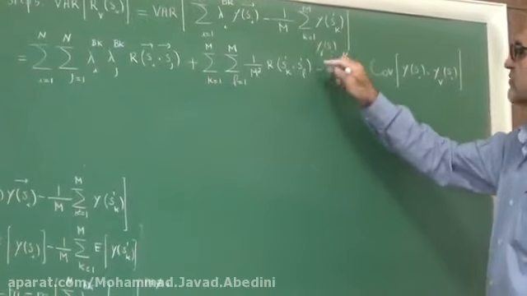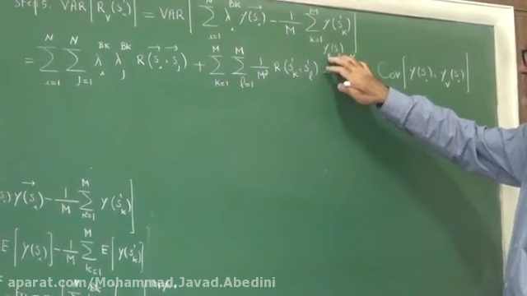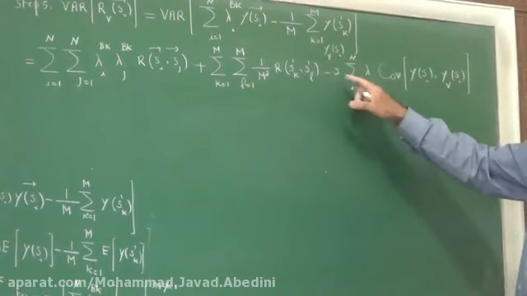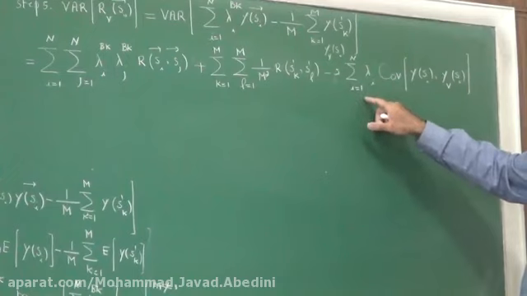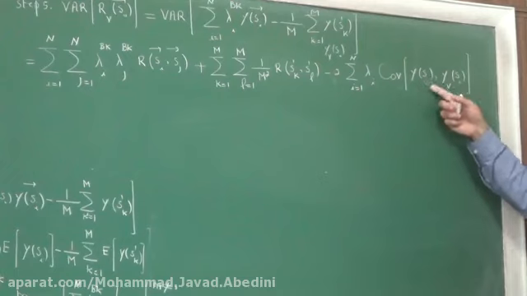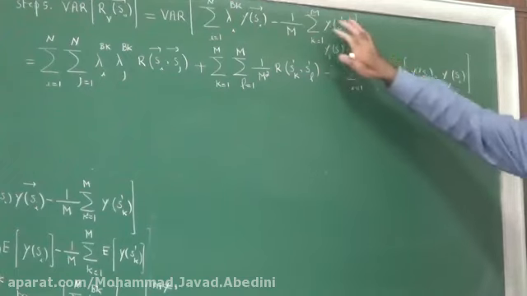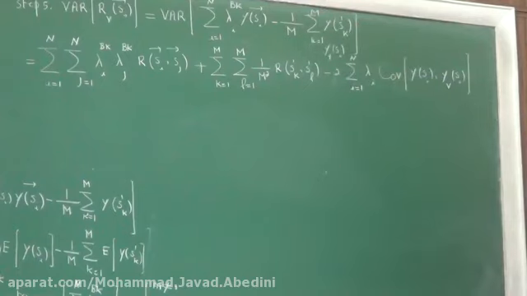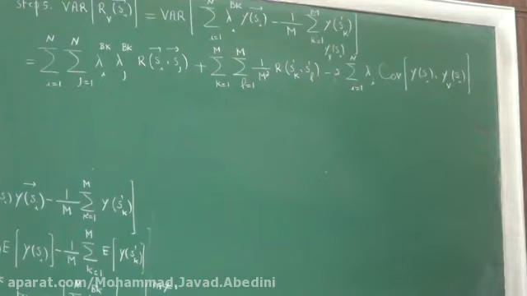If you have this y at S0 without this y block being here, you would say minus 2 times summation i from 1 to n lambda i R of y Si, y at S0. But here, if you have the block true value, you will put it here. What I'm going to do is compute this covariance separately and then plug it here.